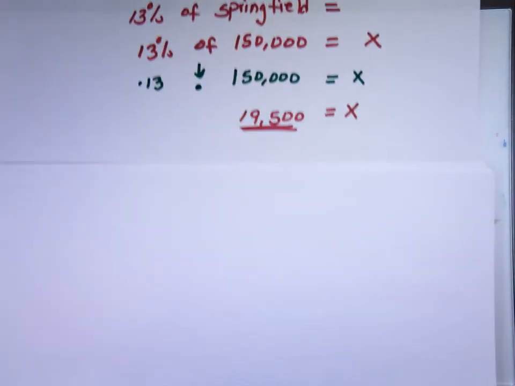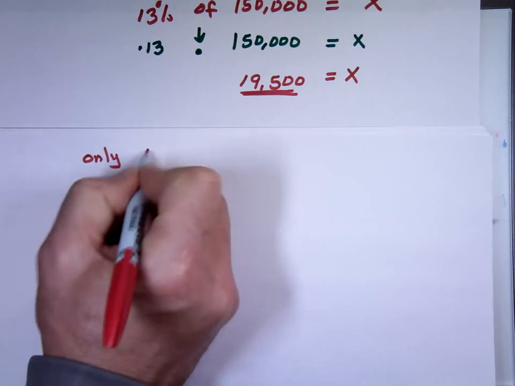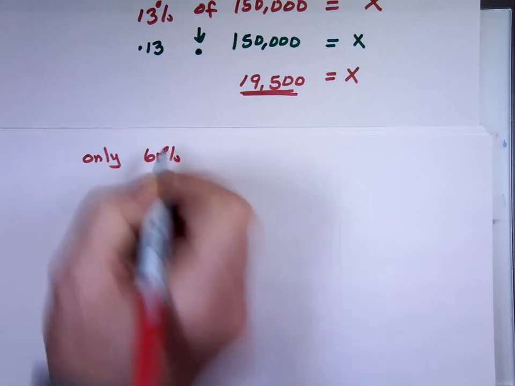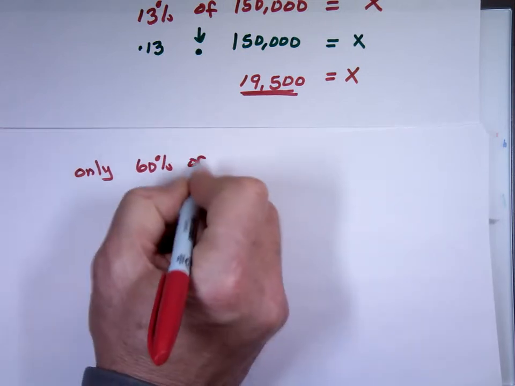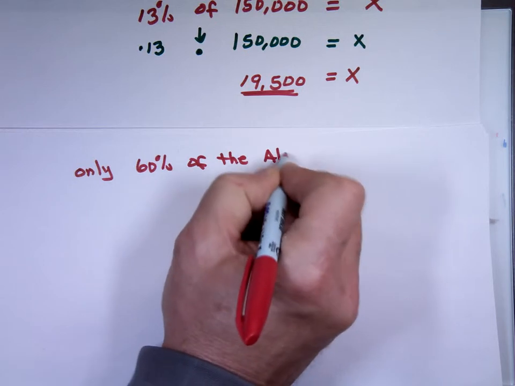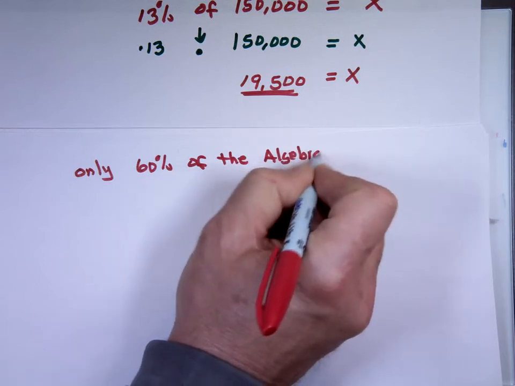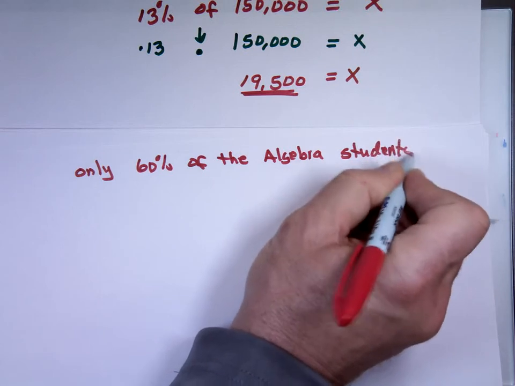Here's a fact. Only 60% of people who take pre-algebra, algebra pass the course. Only 60% of the algebra students pass the course.